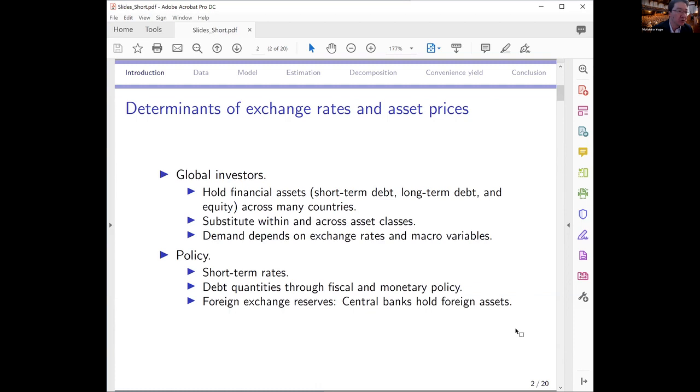Their portfolio demand is going to depend on exchange rates and asset prices, as well as a bunch of macro variables. And on the policy side, we're going to think about how short-term rates, so central bank policy rates, as well as the quantities of debt outstanding can affect both asset prices and exchange rates.